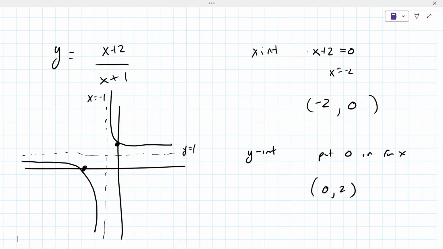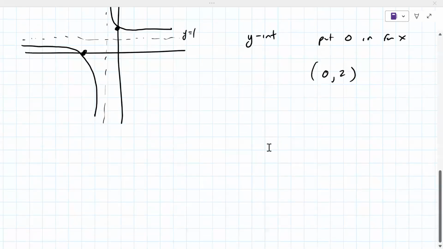Okay, so that takes care of, let me look back at your picture here. It takes care of a lot of what's here. So part B is asking for a rewrite. So we've done that. Part A is the transformations.